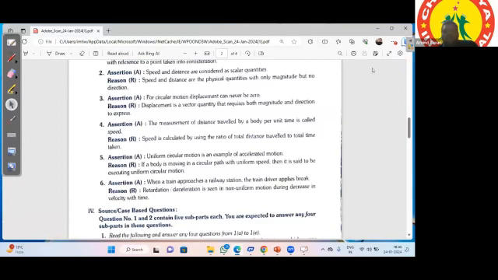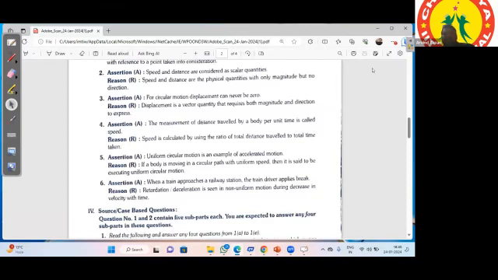When a train approaches a railway station, the train driver applies brakes. Retardation or deceleration is seen in non-uniform motion during decrease in velocity with time. First of all, is the assertion correct? Yes, the train driver applies the brakes.